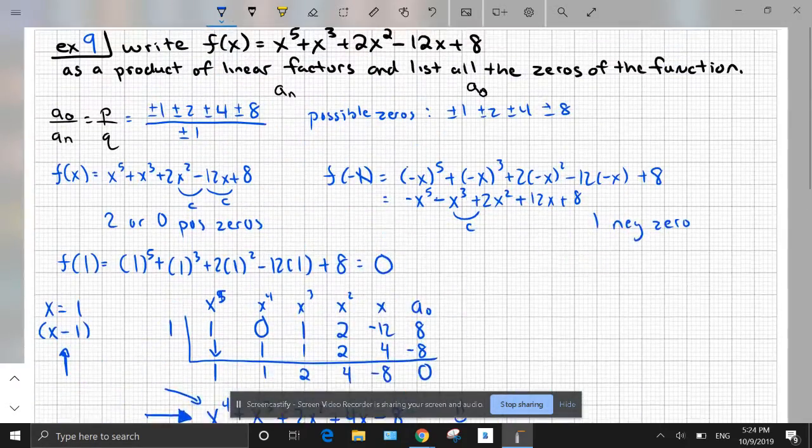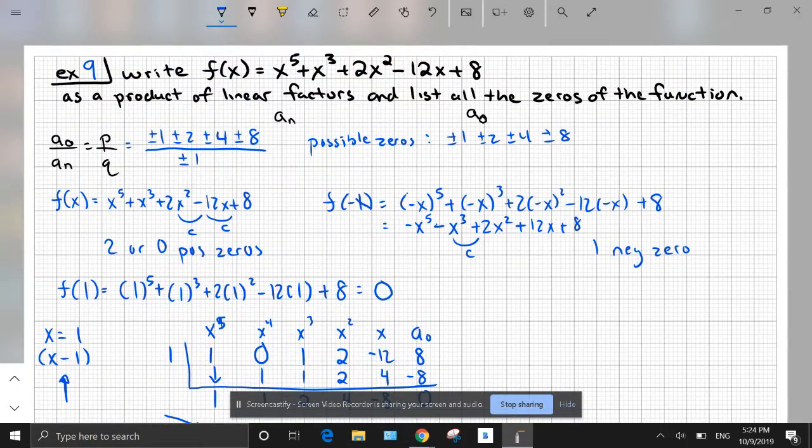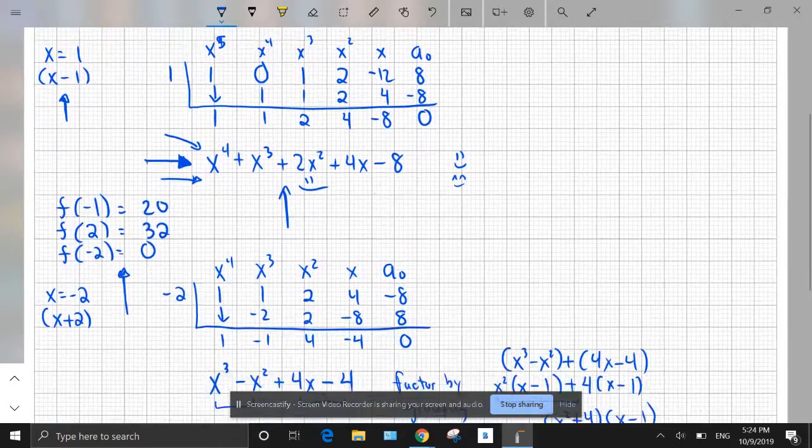So our linear factors, let's go ahead and write it.